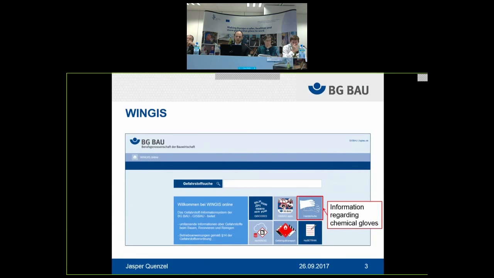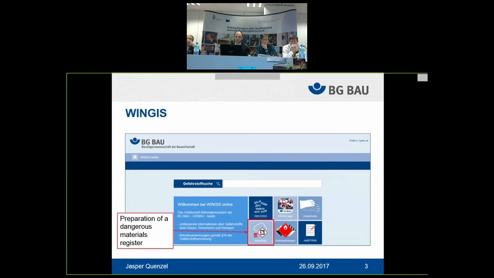We have a glove database where you can find information regarding chemical gloves, for example, how long a specific glove is usable with what substance. We have MyWingis, which is our tool for the preparation and maintenance of a dangerous materials register.